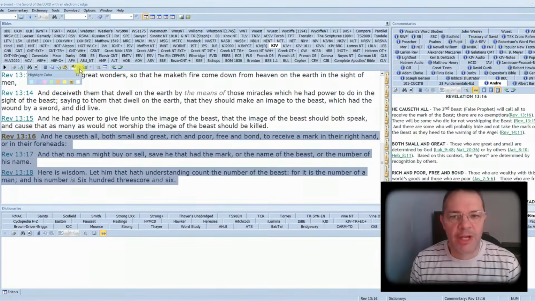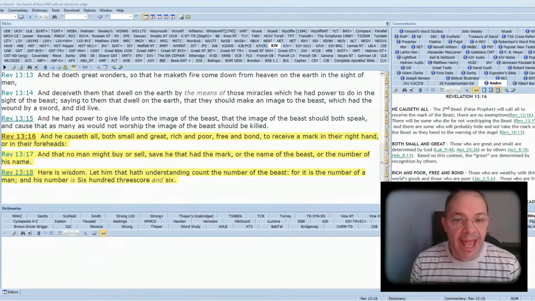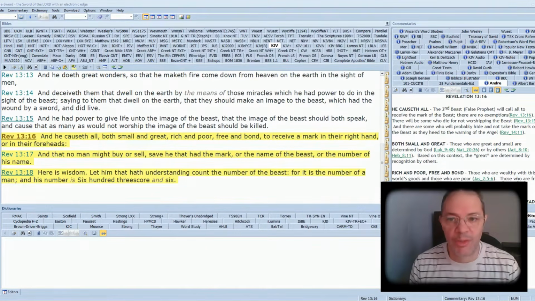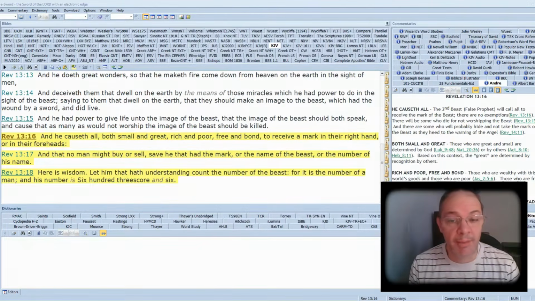So let's look at Revelation 13 verses 16 to 18. And it says, "And he causes all, both small and great, rich and poor, free and bond, to receive a mark in their right hand, or in their foreheads, and that no man might buy or sell save he that had the mark, or the name of the beast, or the number of his name.